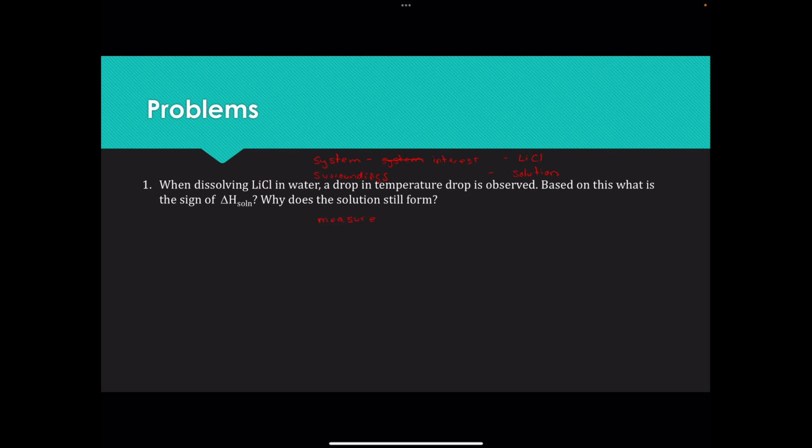So this will generally be the case. We generally measure our surroundings and we relate it back to the system. Now, whatever happens to my surroundings, the opposite is occurring to my system. So if my system is transferring heat to my surroundings, the system releases that heat, but the surroundings are absorbing that heat.